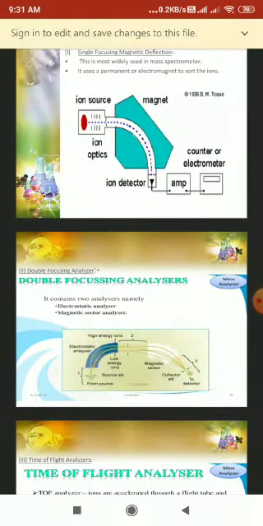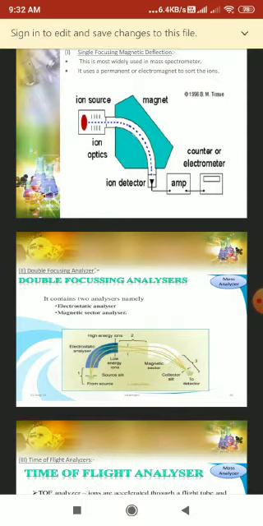In the single focusing mass analyzer, the separation of the ions is based on the assumption that all the ions enter the magnetic field with the same kinetic energy. This means that all the ions with the same mass to charge ratio possess the same velocity, but in practice this is not true since the ions differ in their initial energy.